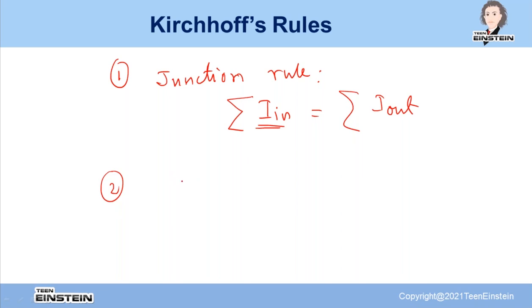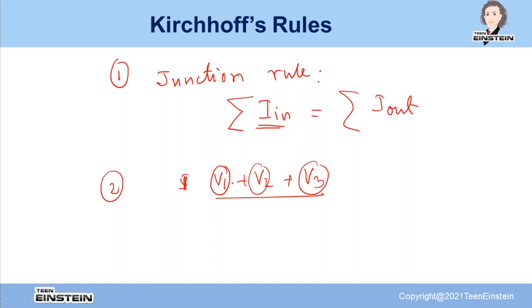While taking potential we have to see the sign also, whether V1 is positive or V2 is negative. I'll tell you while taking the example how to consider the signs, and this will be equal to the sum of the EMF of the batteries.